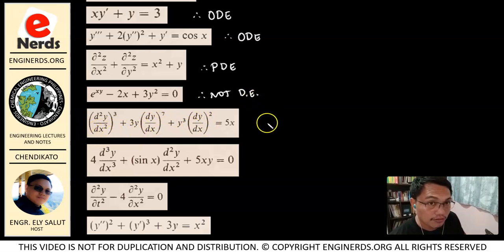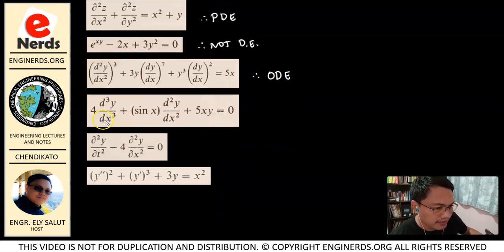Only x is our independent variable. So, this is an ordinary differential equation. Okay, so this one, is this an ordinary differential equation or a partial differential equation? This is actually also an ordinary differential equation, because we have only one independent variable x in our derivative.